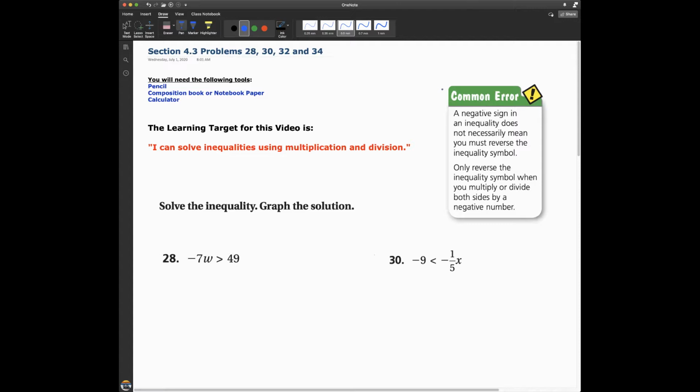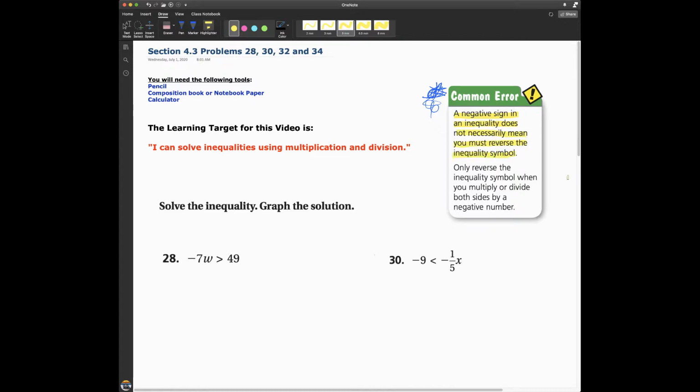So I want to point out this piece over here that talks about the common error that you see sometimes when we try to solve inequalities. Remember, a negative sign in an inequality does not necessarily mean that you must reverse the inequality symbol.